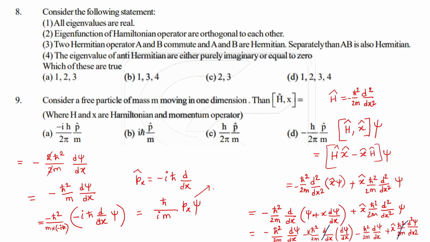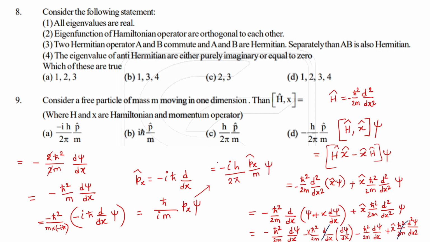So this is what? If i is here, I told you, we can write it as minus i at numerator. ħ I am writing as h by 2 pi, and here it is px by m psi.